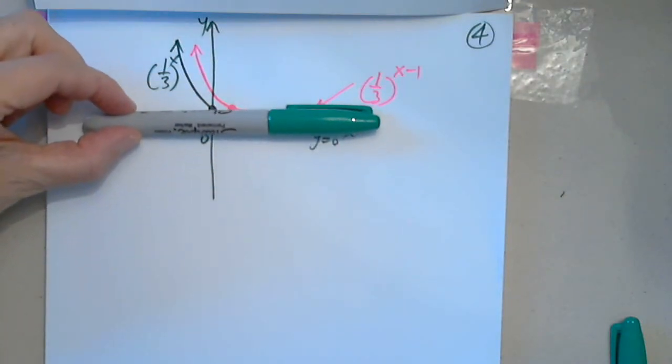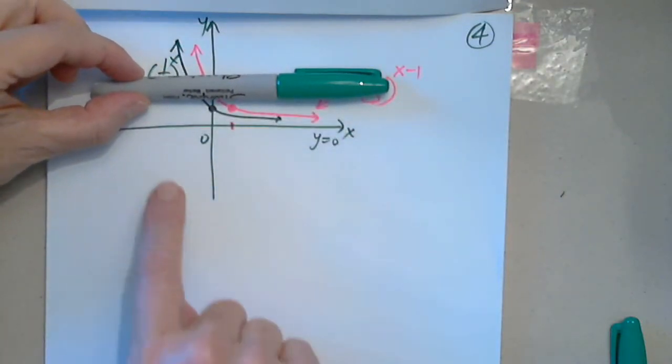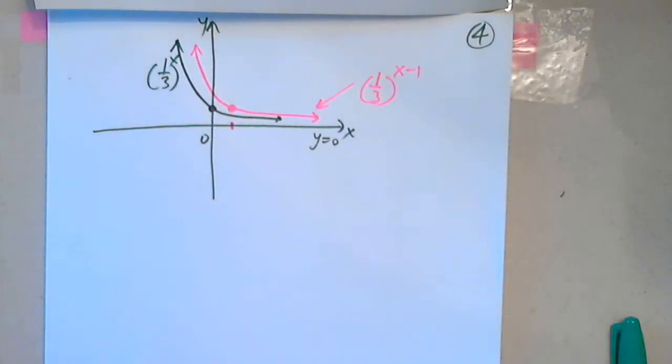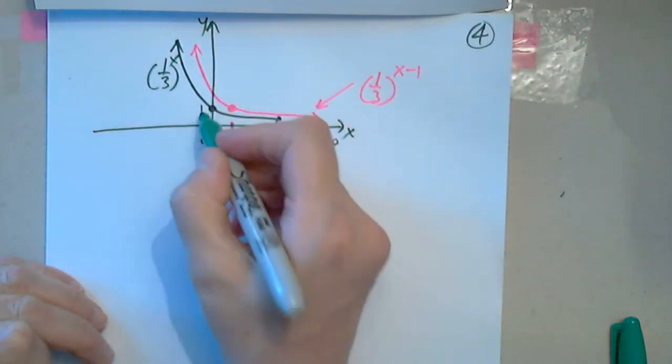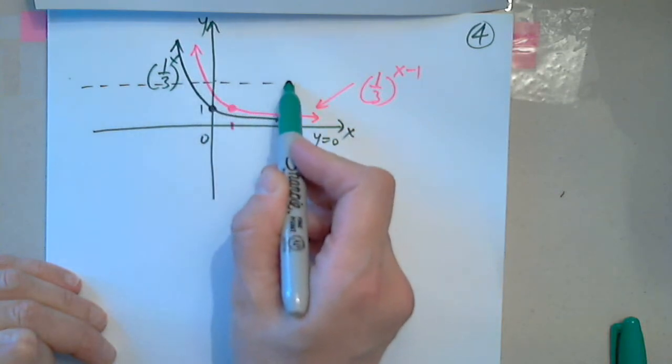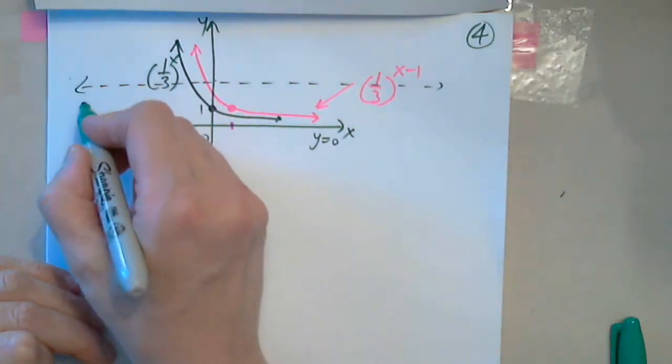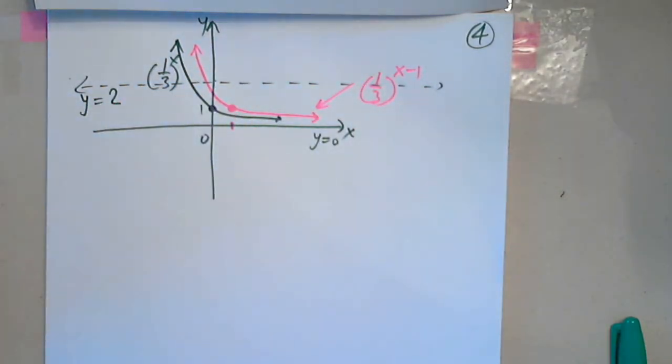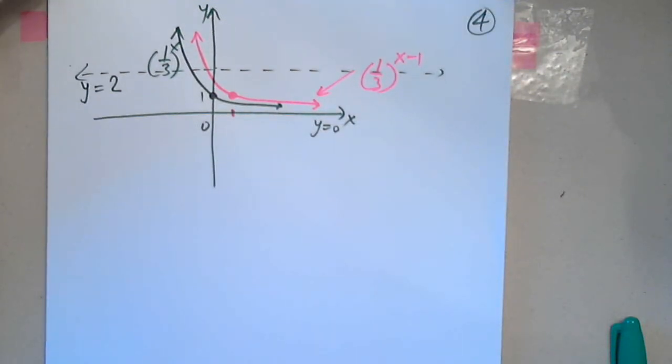I have to shift the, yes, I have to shift it up 2. So this was 1, 2. Almost there. Say it again. Questions?